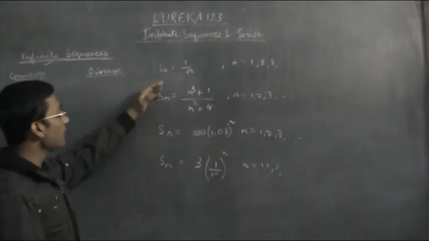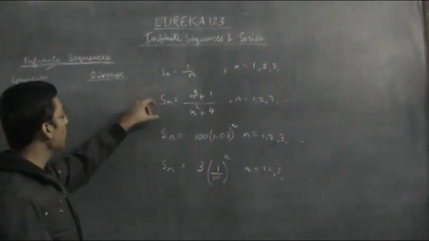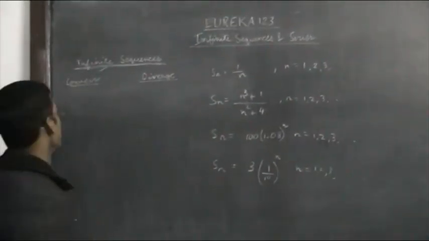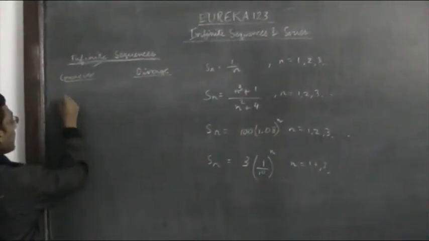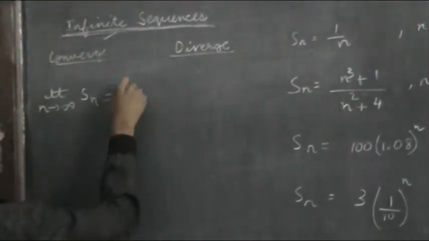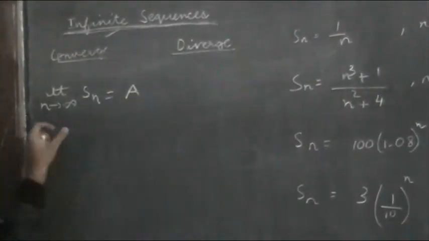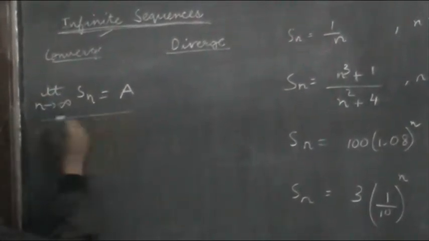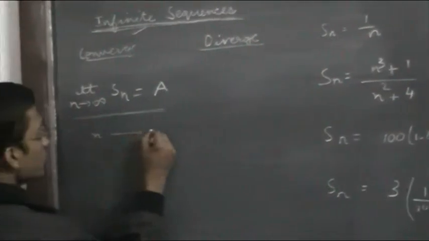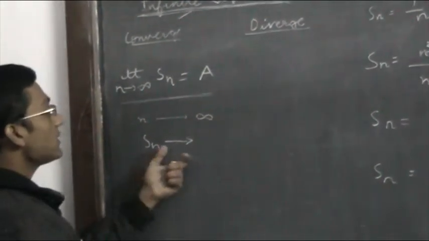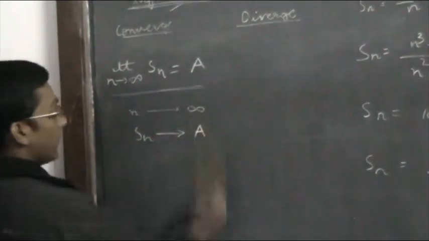Now, with an infinite sequence, we will be interested in knowing whether it converges or diverges. So when do we say that an infinite sequence converges? When limit n tends to infinity, Sn tends to some constant value a, then we say that the sequence Sn converges. So what is happening here is, as n is tending to infinity, the last term in the sequence is tending to a.